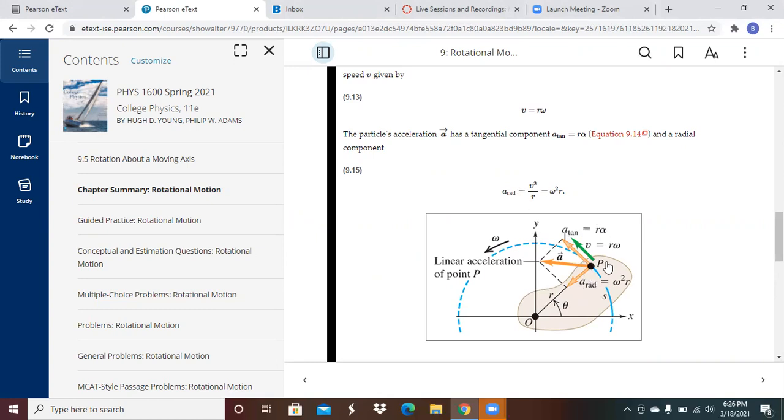And if you are interested in the radial acceleration, if you remember back with uniform circular motion, we had the radial acceleration as v squared over r. In this particular case, in rotation, the radial acceleration is omega squared times r. So if you take v squared over r and replace v here, this is what you come up with.